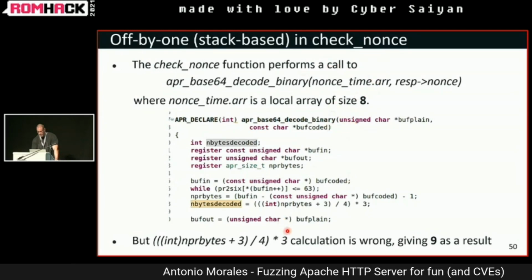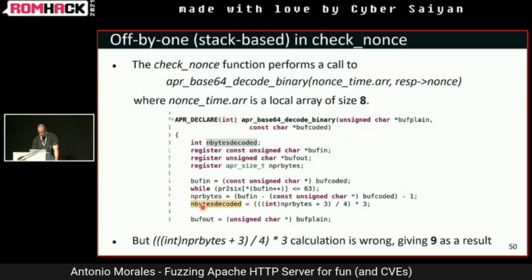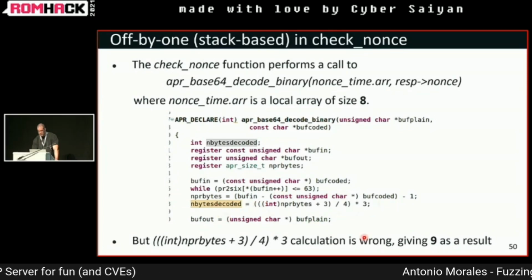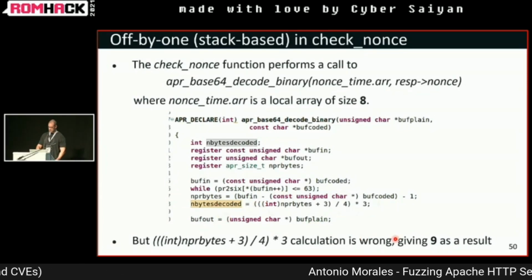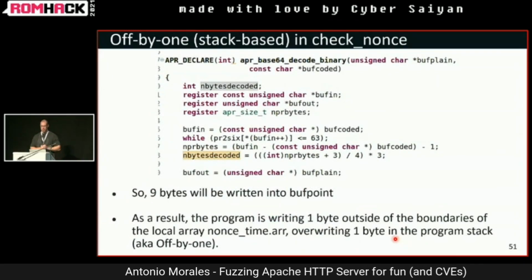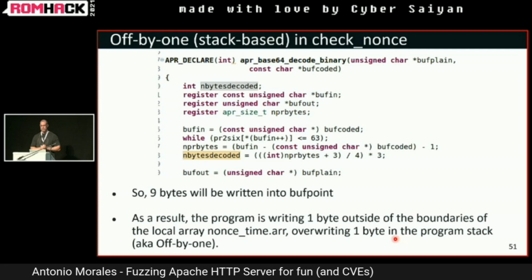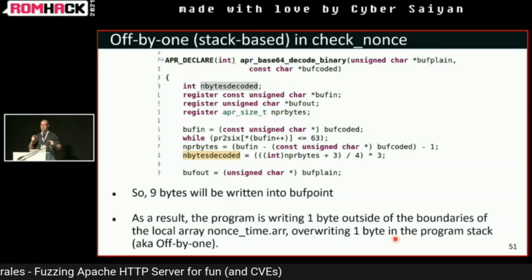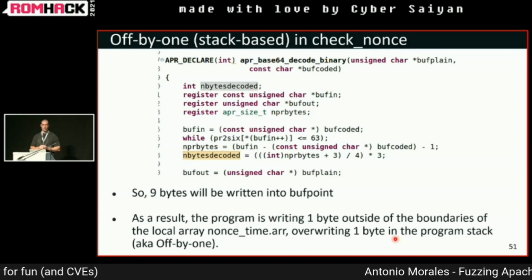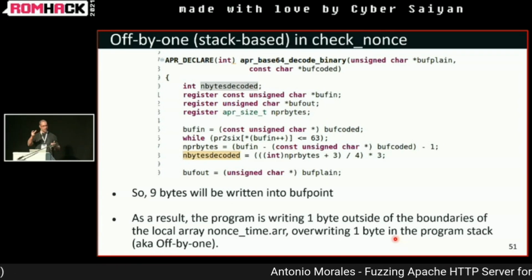But here below you can see the calculation of the nbytes decode variable, giving 9 as a result. So in this case, 9 bytes will be written into an 8 bytes buffer, writing 1 byte out of the boundaries of the array in the stack.